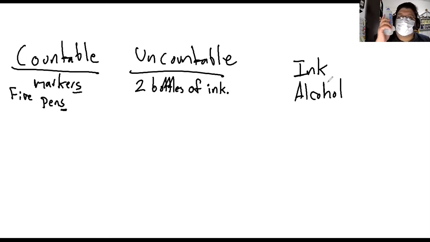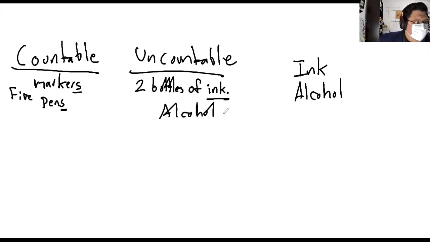We count this 1 bottle of alcohol. Or, notice right here what it says, 500 milliliters of alcohol. That's how we count alcohol. So alcohol will be uncountable. You guys see how it's being used, right? That's how we can identify if a word is countable or uncountable.